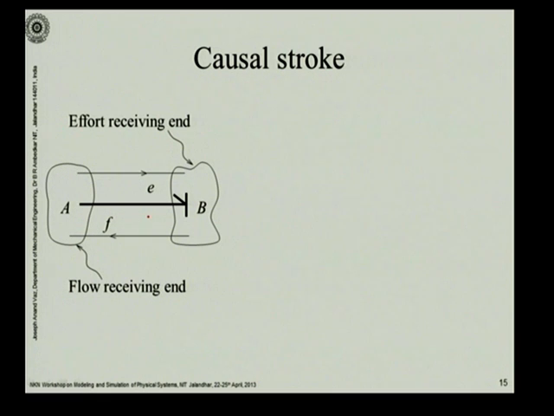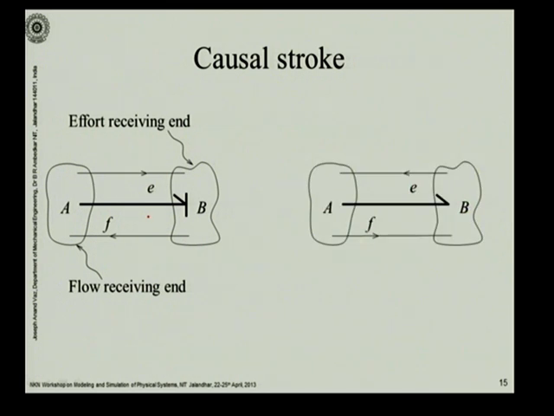So that settles the idea of representation of cause and effect in terms of efforts and flows. So the transaction of power is represented, and who is determining which component of power is also represented. In the same way, suppose we have A as the effort receiving end and we have B as the flow receiving end.